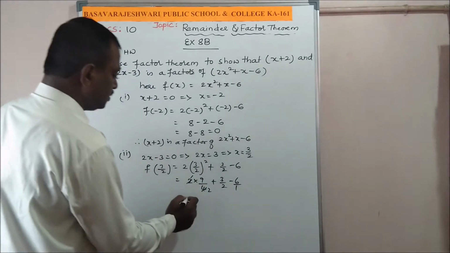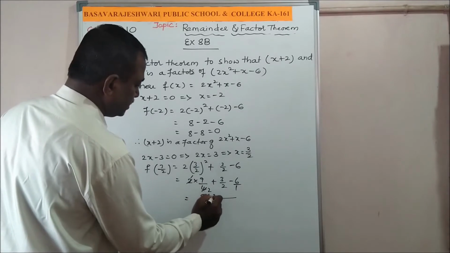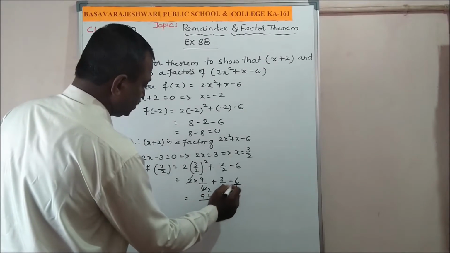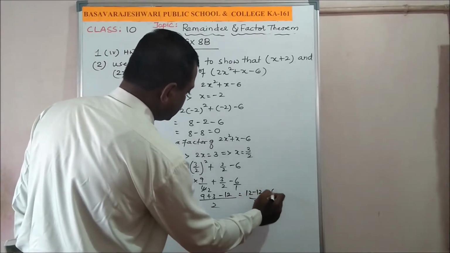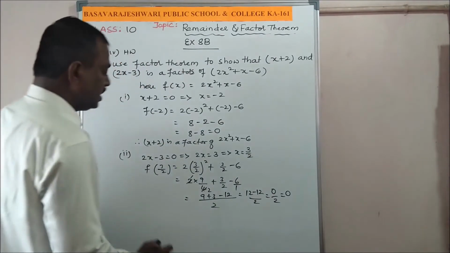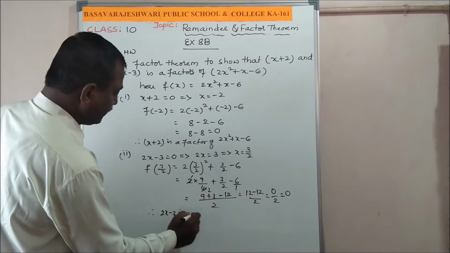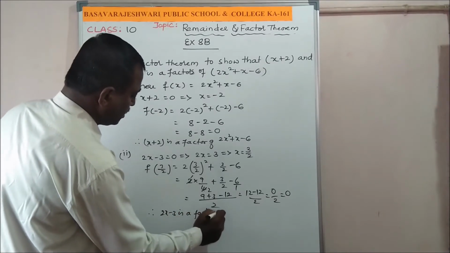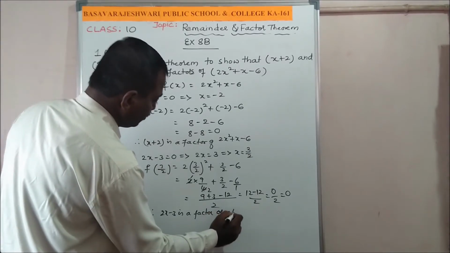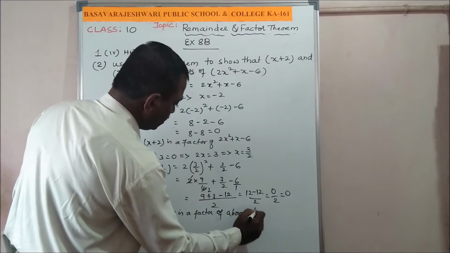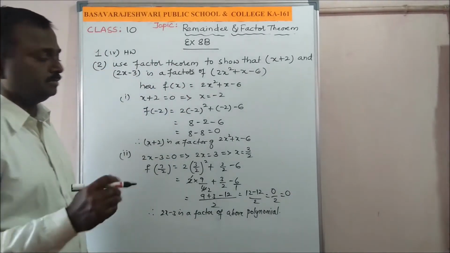Taking 2 as the LCM: 9 plus 3 is 12, and 6 times 2 is 12. So that is (12 minus 12) by 2, which is 0 by 2, equal to 0. Therefore 2x minus 3 is a factor of the above polynomial. Okay, so note all these sums.